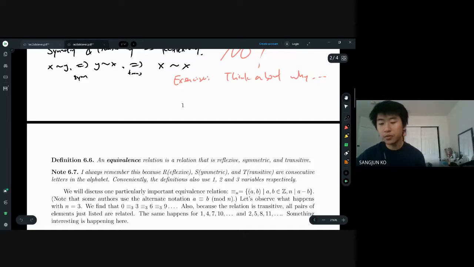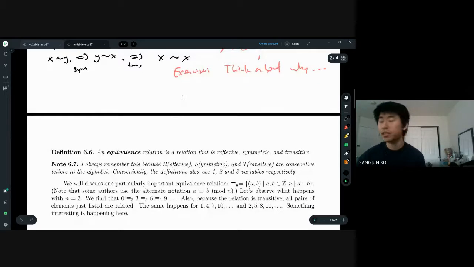So the next thing we're going to talk about is an equivalence relation, which gives us a notion of how things are equal in a set, other than the boring old equal sign. An equivalence relation is any relation that has the three properties that we just discussed. It needs to be reflexive, symmetric, and transitive.